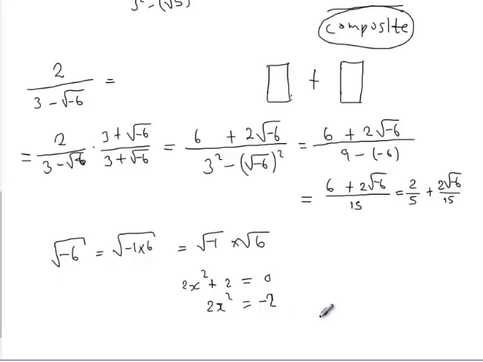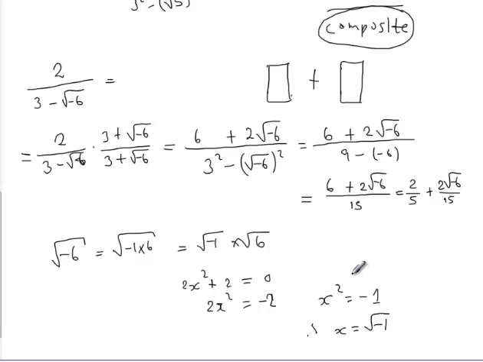Dividing both sides by 2, we get x squared equals minus 1. And then this translates to, therefore, x equals the square root of minus 1.